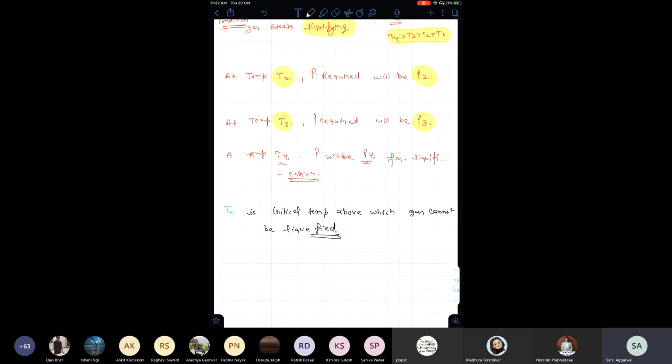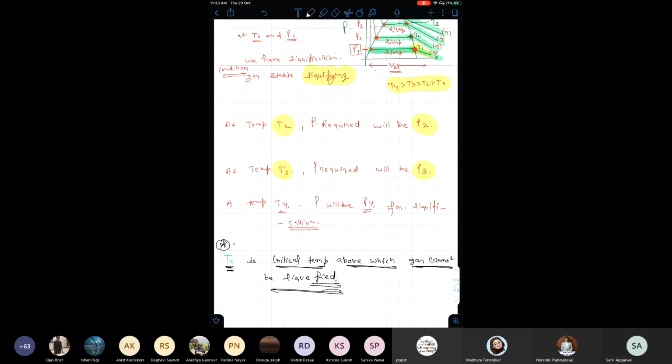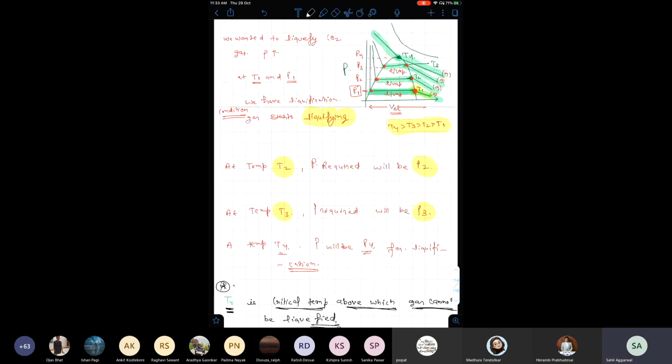Okay. तो उसके ऊपर there is no liquid phase. No liquid. Understood? Any doubt in this?